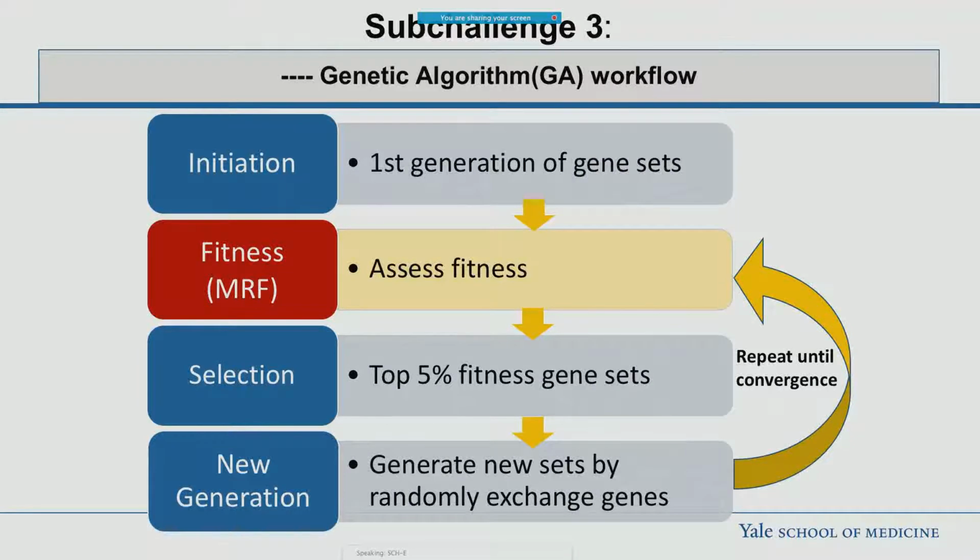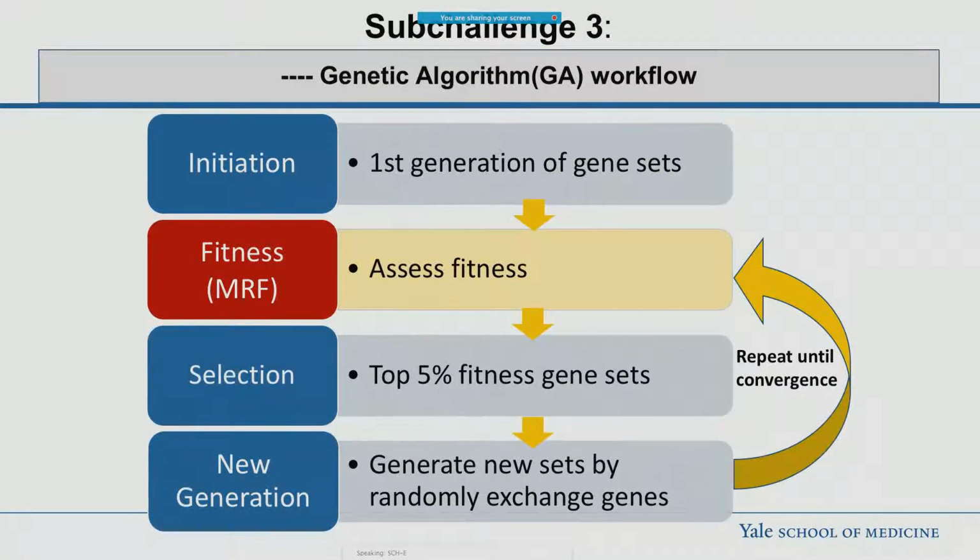This is a brief workflow of the genetic algorithm. Due to time constraints, I'm only going to go over the basic steps and focus on how we assess fitness in our setting. The first step is to initiate a first generation of gene sets, and each gene set contains 20 genes. Then we assess the fitness based on what we defined before and select the top 5% fitness gene sets.